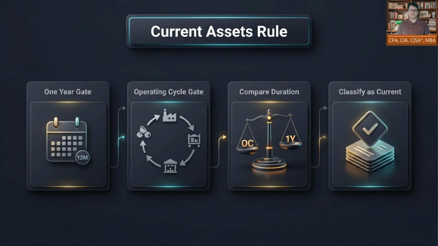The operating cycle is the time needed to convert cash into inventory, inventory into sales, and sales into cash collection. For many businesses, the cycle is less than 1 year, so 1 year controls. But if a manufacturer has a 15-month production and collection cycle, related inventory and receivables may still be current because the operating cycle is longer.